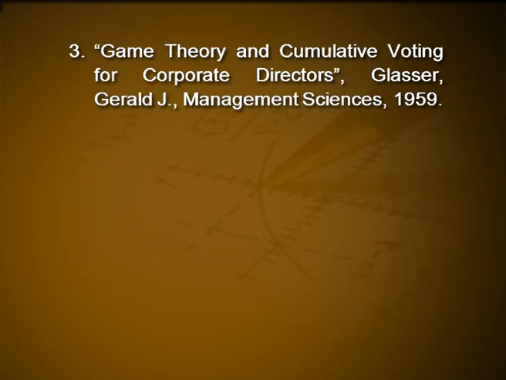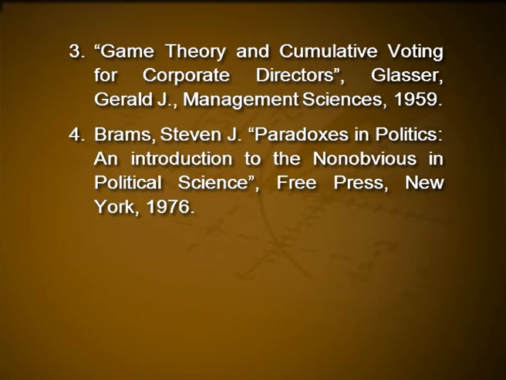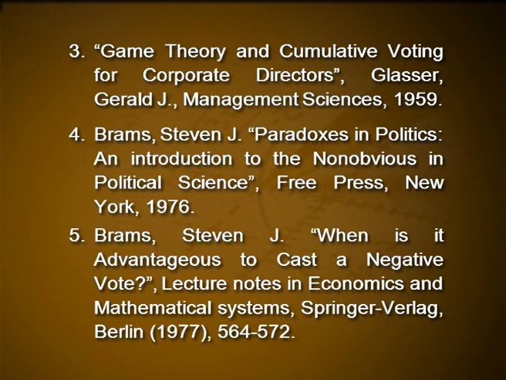Third one, Game Theory and Cumulative Voting for Corporate Directors by Glasser, Gerald J., Management Sciences 1959. Fourth one, Paradoxes in Politics, an Introduction to the Non-Obvious in Political Science by Brams and Stephen J., Free Press, New York 1976. Fifth one, When is it advantageous to cast a negative vote by Brams and Stephen J., Lecture Notes in Economics and Mathematical Systems, Springer-Verlag 1977.